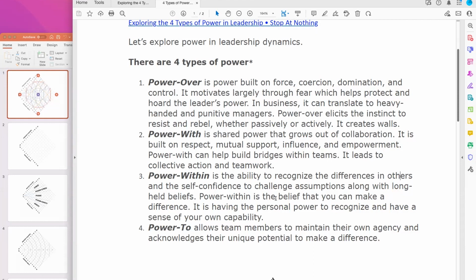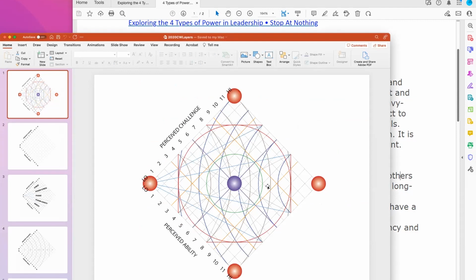But when I read that this is about that you can make a difference, I'm hearing a little bit of the preacher on Sunday morning. I'm hearing a little bit of that expressive energy coming into play there. So it may very well be that the impact zone of that power within encompasses something more than just this isolated spot.